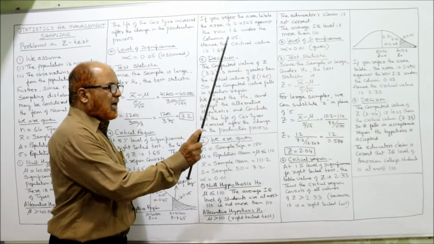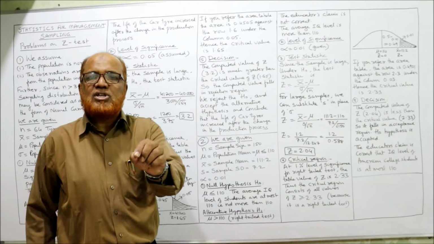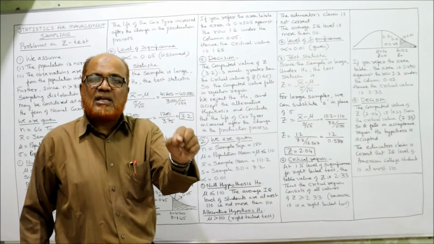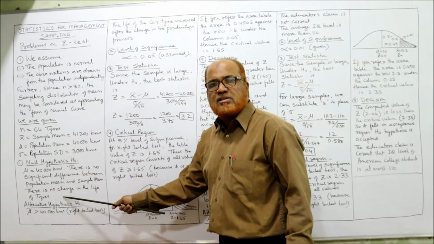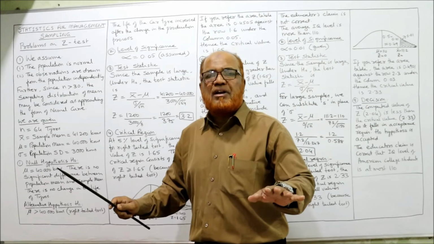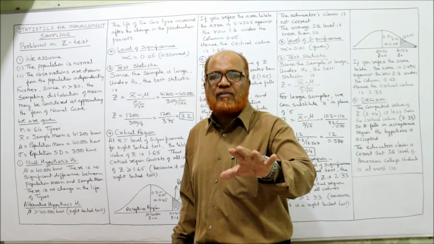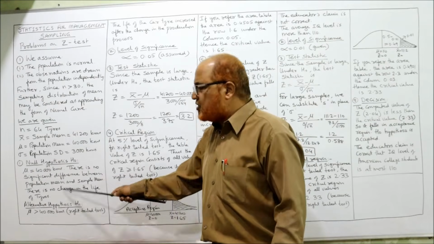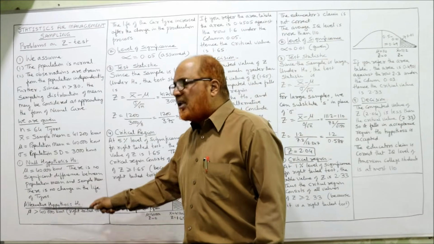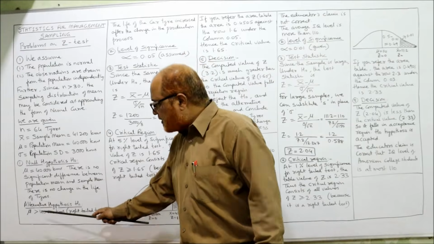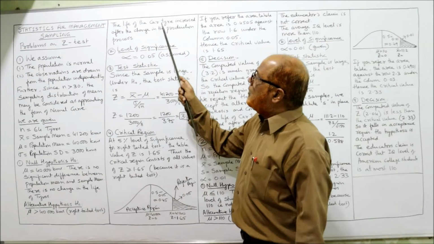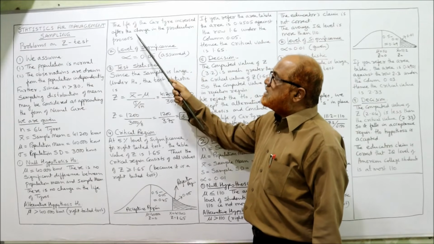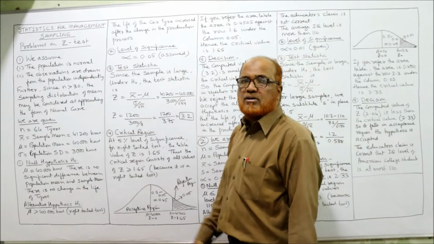We reject the null hypothesis. When it falls in the rejection region, we reject the null hypothesis. What is the null hypothesis? It says no significant difference in the average life of the car tire before and after. That we are rejecting. So when we reject the null hypothesis, we should accept the alternative hypothesis. What is the alternative hypothesis? The life of the new tire is increased after the change in the production process.